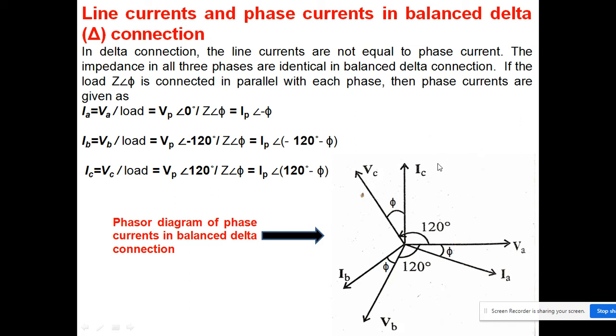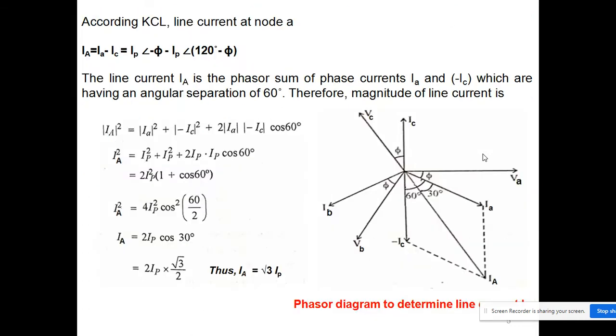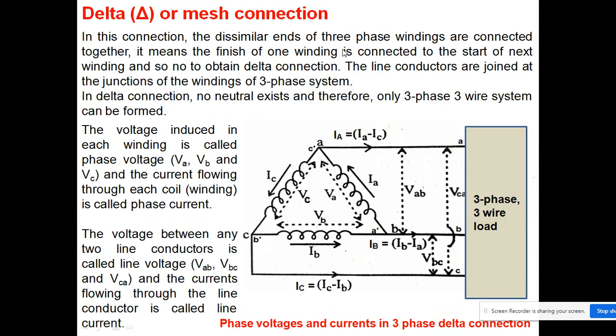We will see in the next slide that the phase current is not equal to the line current, and in that condition we will draw the phasor diagram of the line current with respect to the phase current. So see here, if I apply Kirchhoff's current law at node A, I am talking about this point A, then the line current becomes equal to this one.